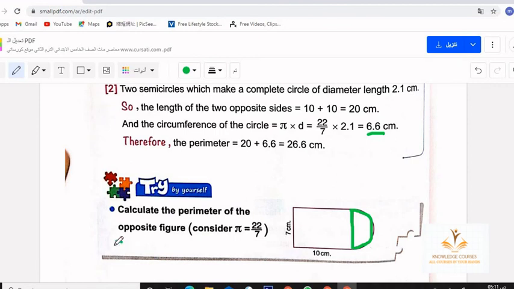C of this half circle equals half the circumference of the circle, equals pi multiply d, equals half multiply 22 over 7 multiply the diameter equals 7, equals 11.